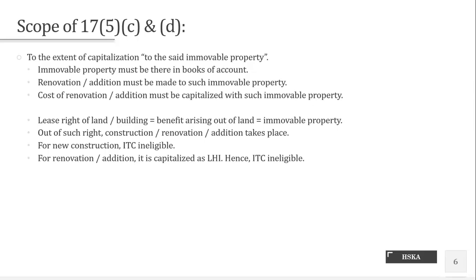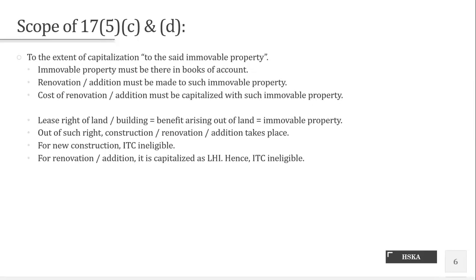What I feel is that when I construct a new building out of a leased land, ITC is ineligible, because for a new construction this qualification of capitalization to the said immovable property is not there, so ITC would be disallowed. For renovation and addition, all of us know that any addition or renovation that is done is always capitalized as a leasehold improvement if it is allowed as per our PPE norms.